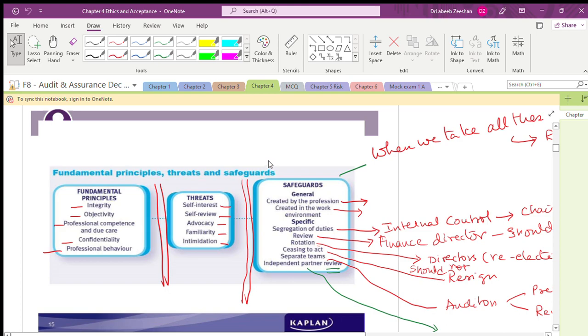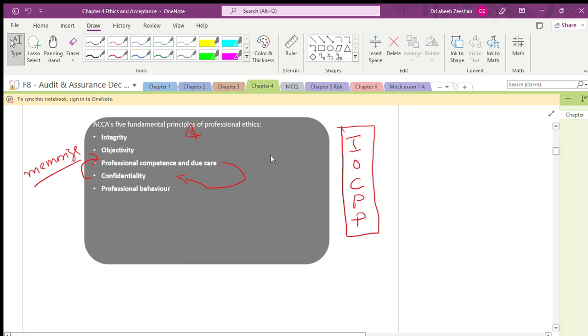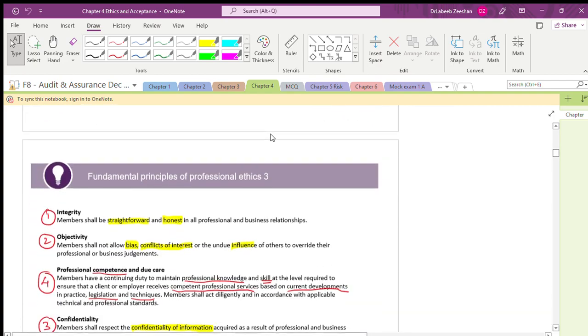The ACCA 5 fundamental principles are integrity, objectivity, professional competence, due care and professional behavior.